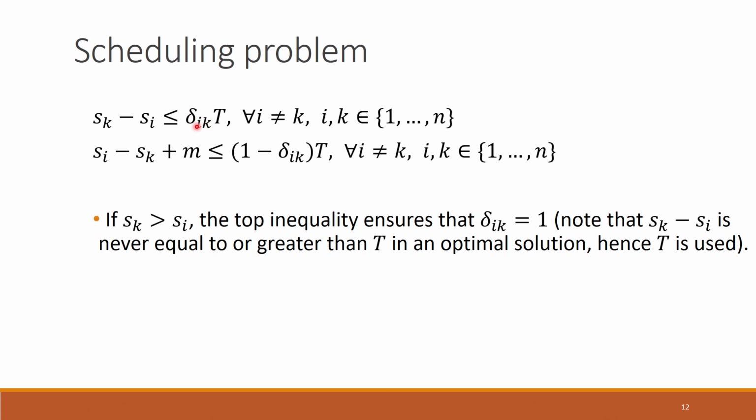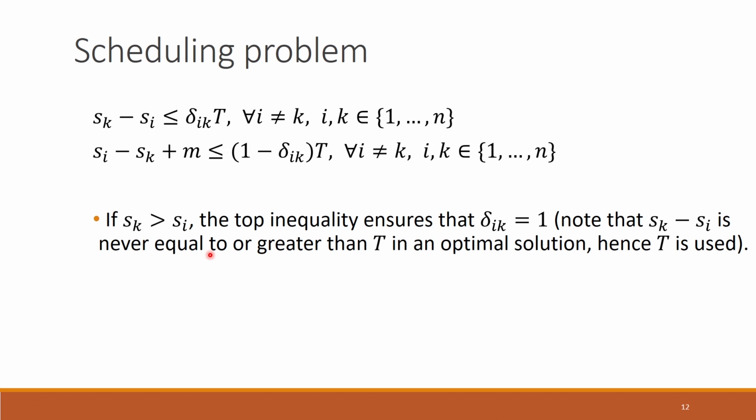Okay. And why have we multiplied capital T here? Because Sk minus Si, the starting time of job k minus the starting time of job I, can never exceed capital T. Why is that? Because capital T is the total time it will take to process all of the tasks if you process on a single processor.